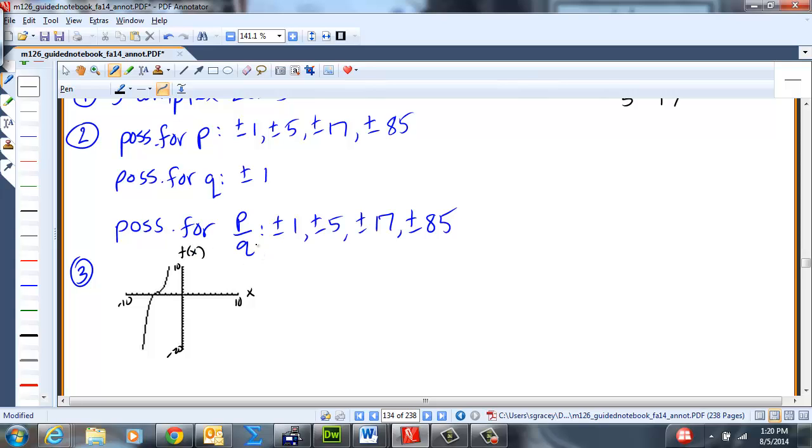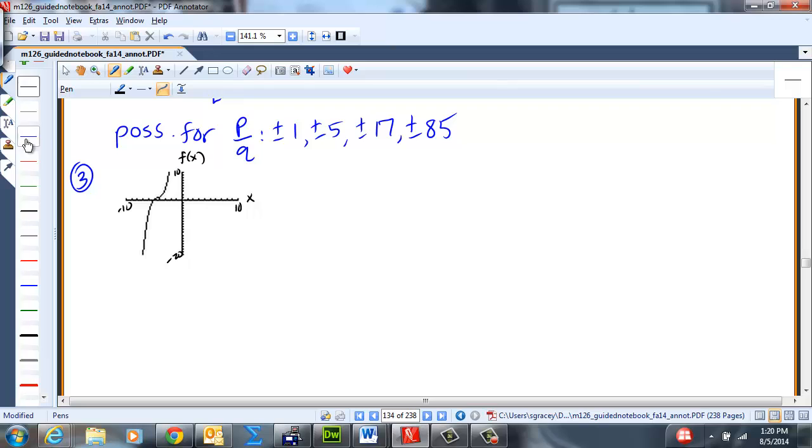It looks to me like 1, 2, 3, 4, negative 5 might be a winner here. So that's what we'll use in the synthetic division.